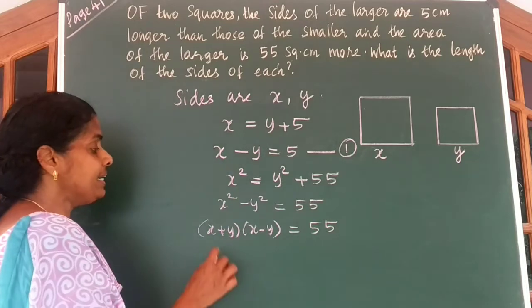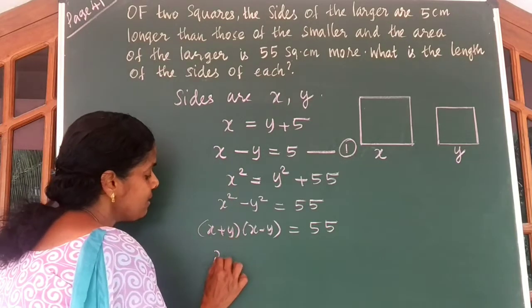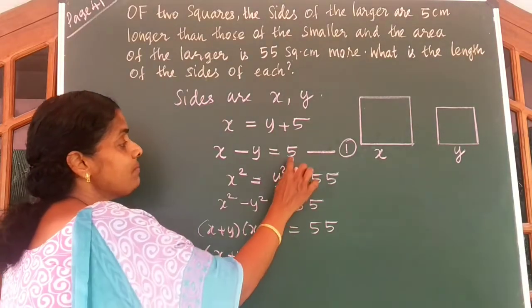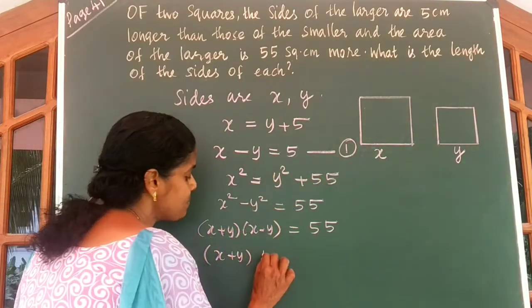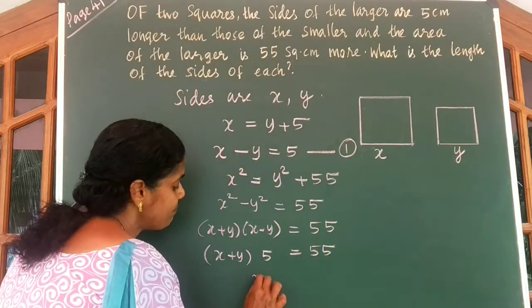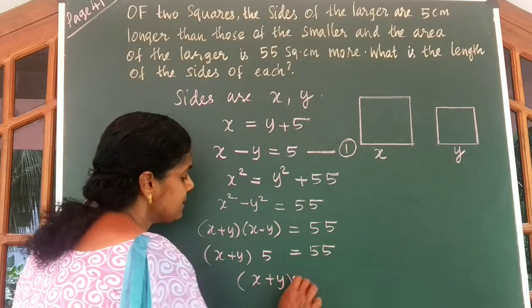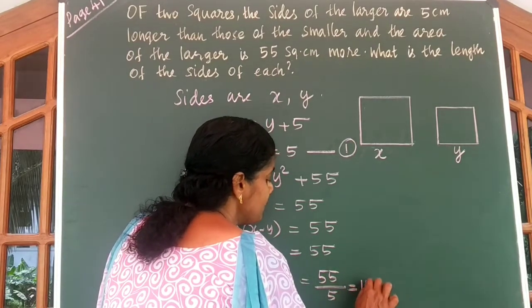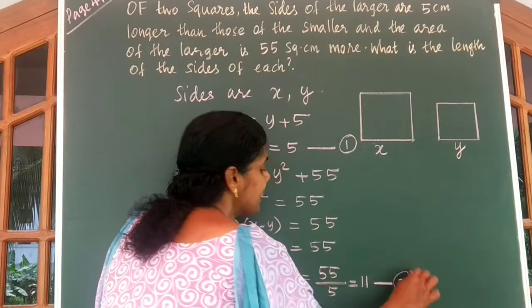So we can get x plus y into, we know x minus y value is 5. Let us substitute 5 here, is equal to 55. Next step, x plus y is equal to 55 by 5, which gives you 11. This is your second equation.